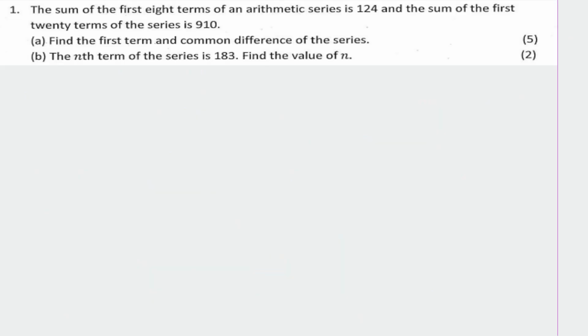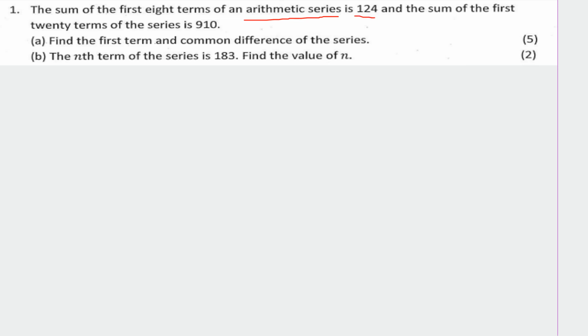So now let's look at the example here. This is an example of an exam question that you have to solve for arithmetic series. The question says that the sum of all the first 8 terms of an arithmetic series is equal to 124.